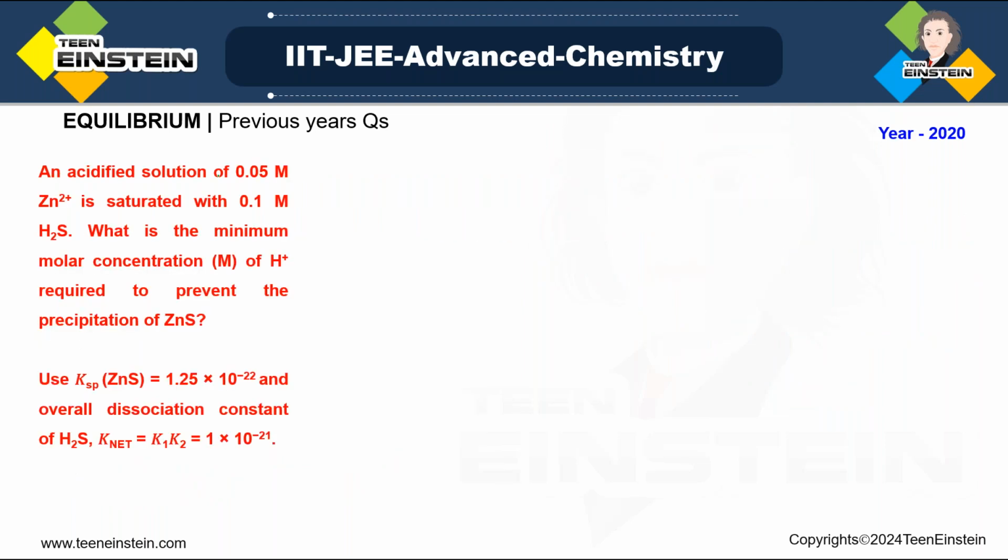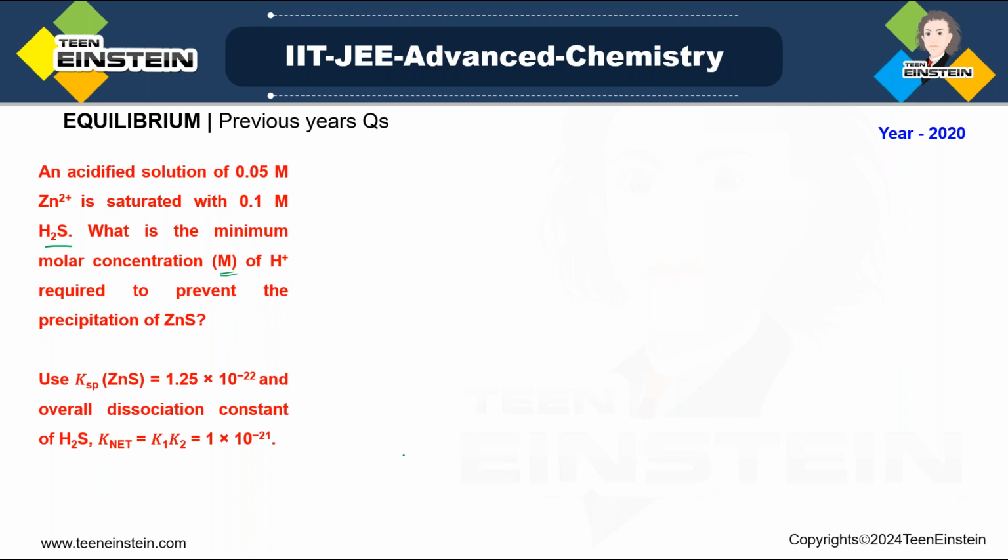An acidified solution of 0.05 molar Zn2 plus is saturated with 0.1 molar H2S. What is the minimum concentration of H plus in molarity required to prevent the precipitation of ZnS?